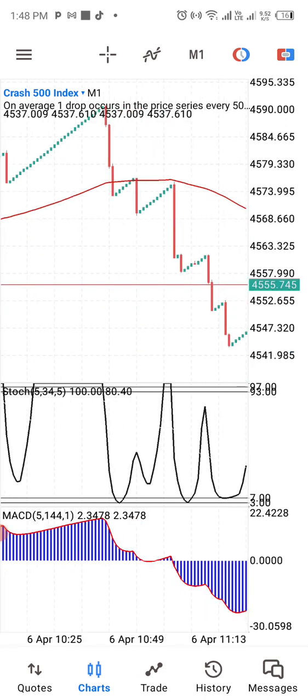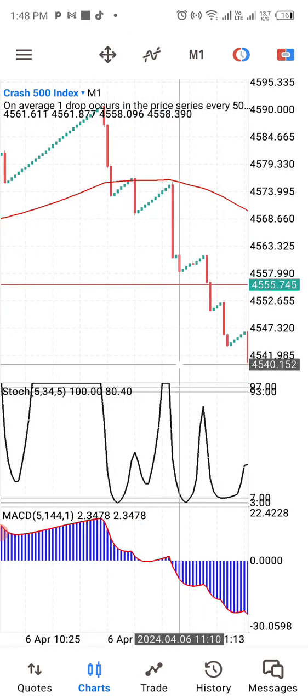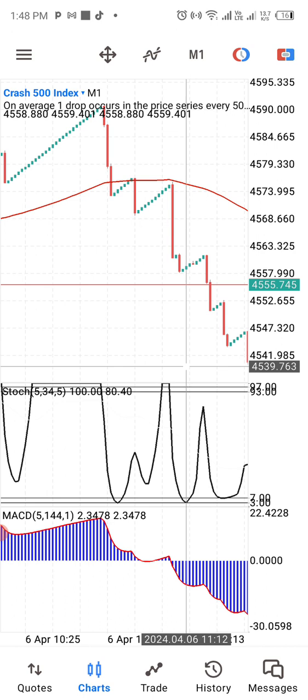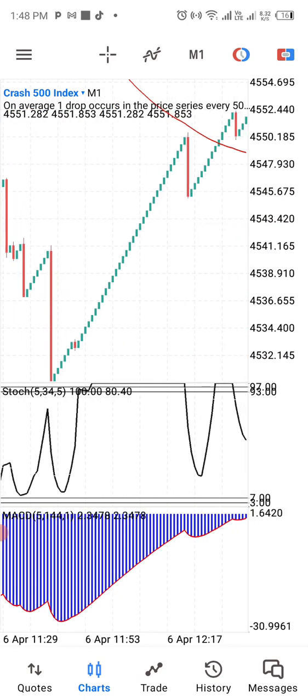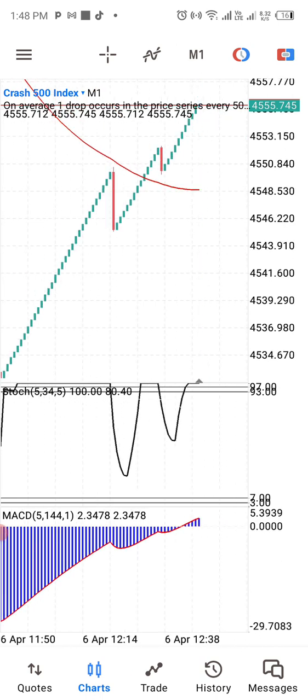Let's move on again. The same thing happens here. It is below on crash 500. The price must be above the linear weighted moving average. So your concern is waiting for when you will have a price above before you can begin to spot the other conditions. That is for crash 500.